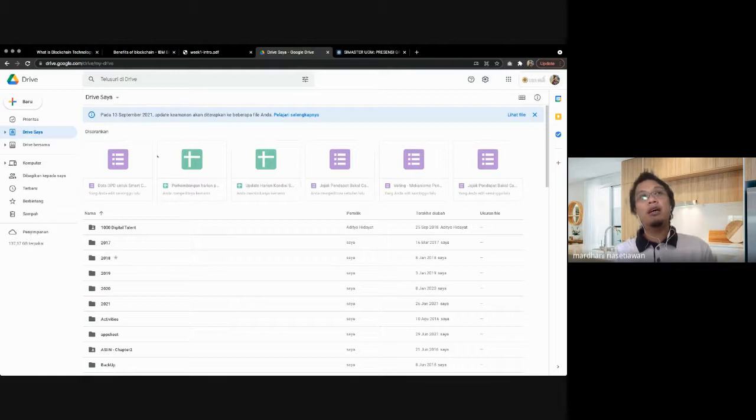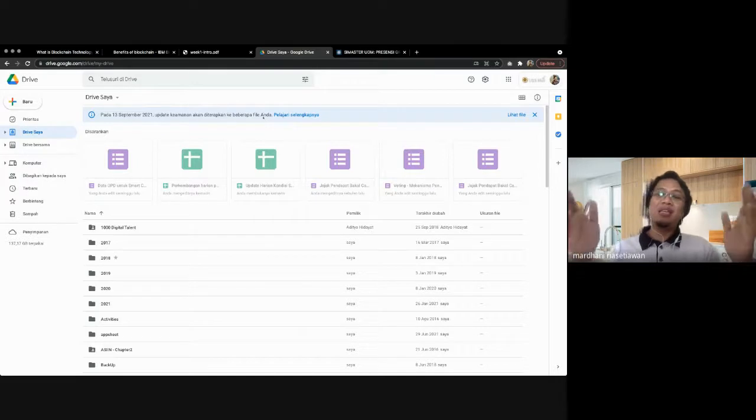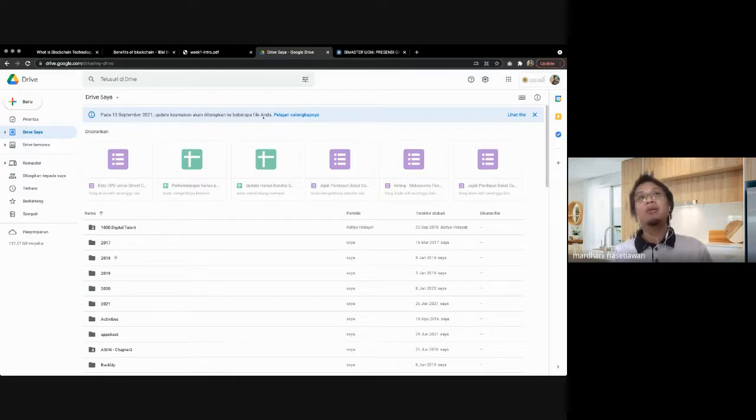But I have this notification on September 13. We have a security update that will be implemented into several files of mine. So it means that when I use Google Drive, I have no freedom. Because Google Drive is now not my personal folder, actually it's Google's folder.